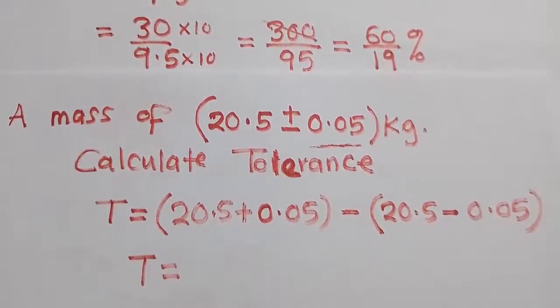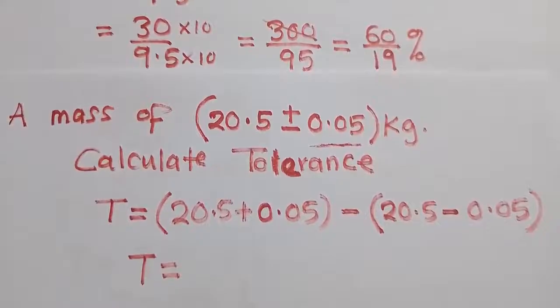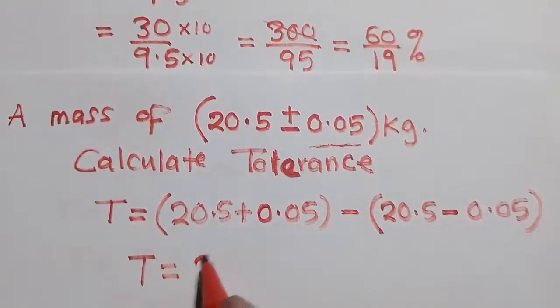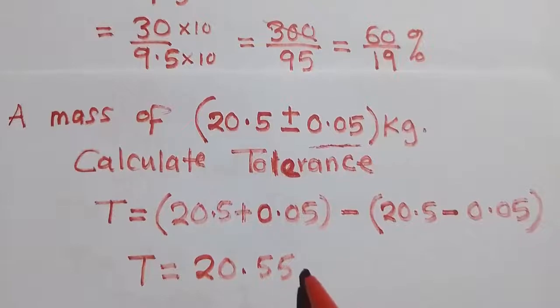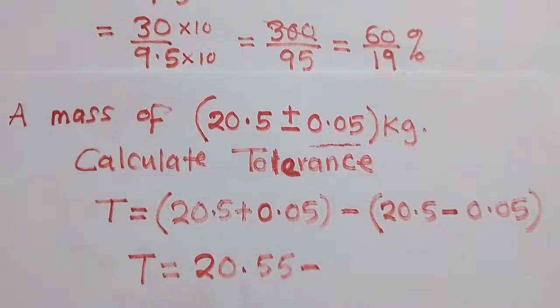So when you add there, what are you going to have? You are going to get 20.55. Minus there, 20.5 minus 0.05, what are you going to get?